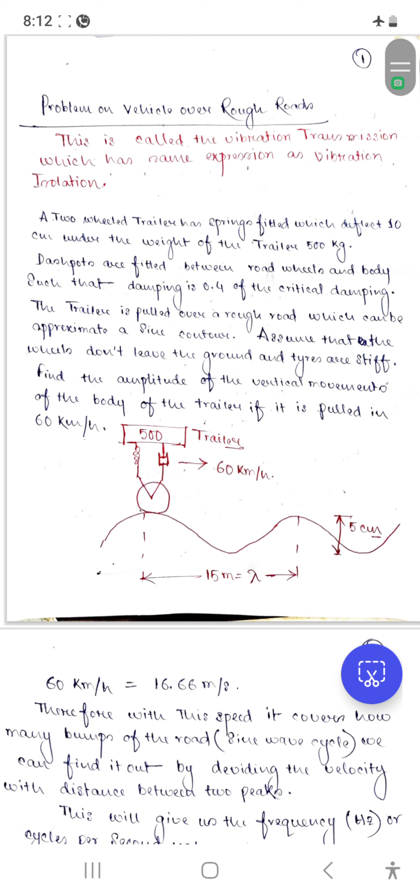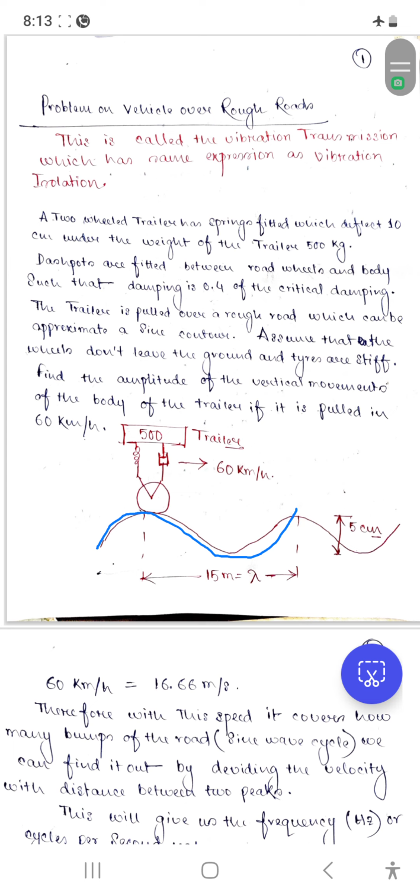The trailer is pulled over a rough road which can be approximated as a sine contour. You see, this road, this is one cycle I have drawn, approximated as a sine wave.